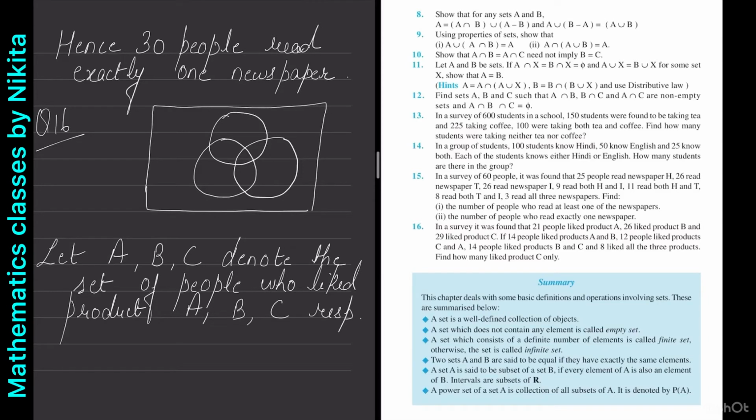So A is the set of people who like product A, B is the set of people who like product B, and C is the set of people who like product C. So this is my set A, this is my set B, and this is my set C.